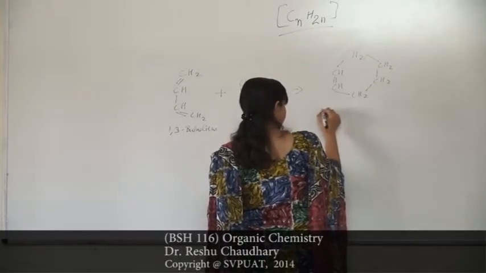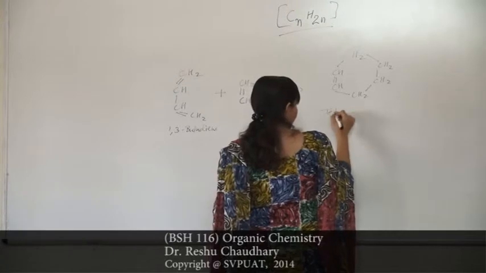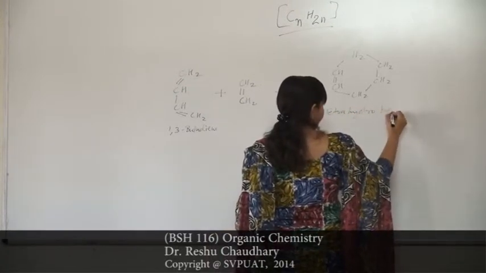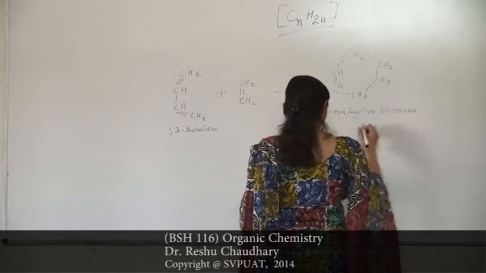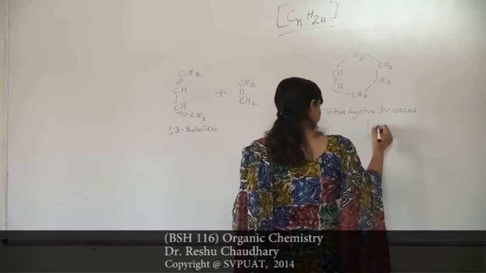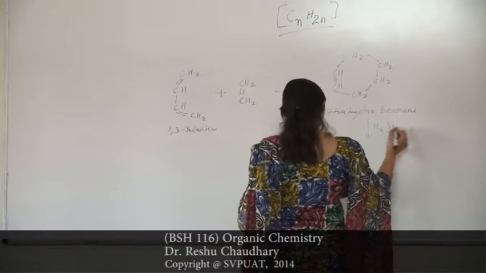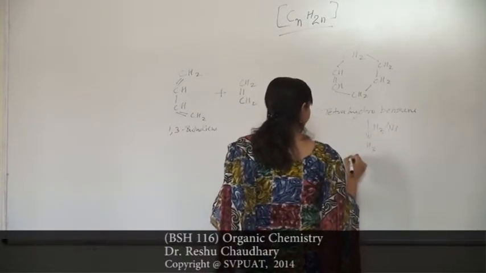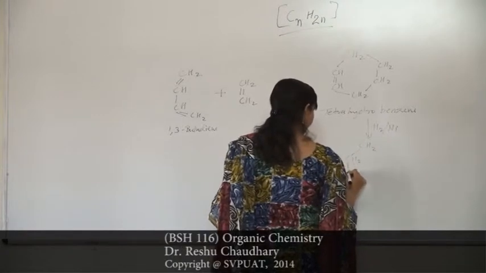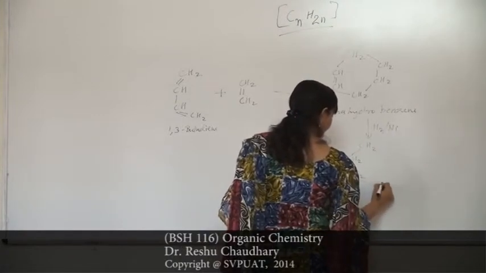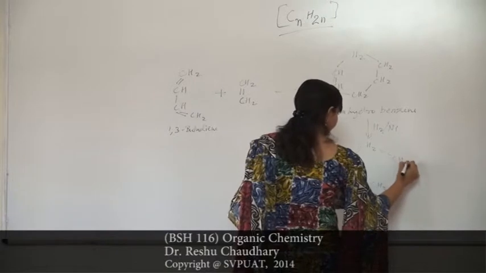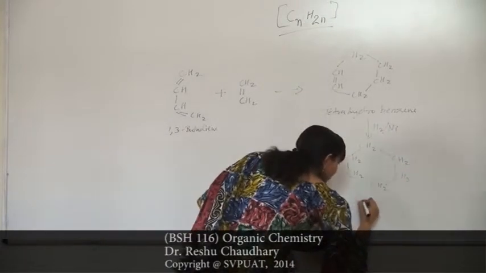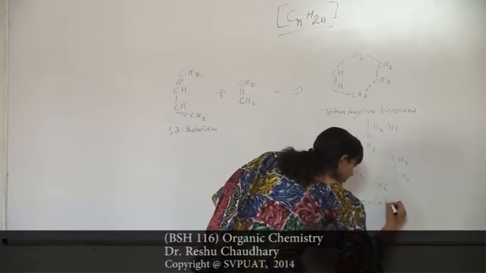This is the structure of tetrahydrobenzene. When it undergoes reduction, then forms cyclohexane. This is the structure of cyclohexane.